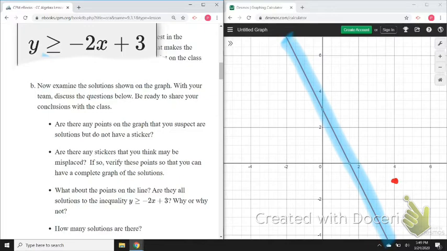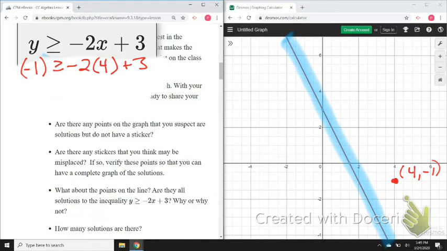So 4, negative 1 is that point right there. I'm going to substitute it back into my inequality. Y is greater than or equal to negative 2x plus 3. 4 is my x value, negative 1 is my y value. And I'm just going to start solving this to determine if this is true or not.